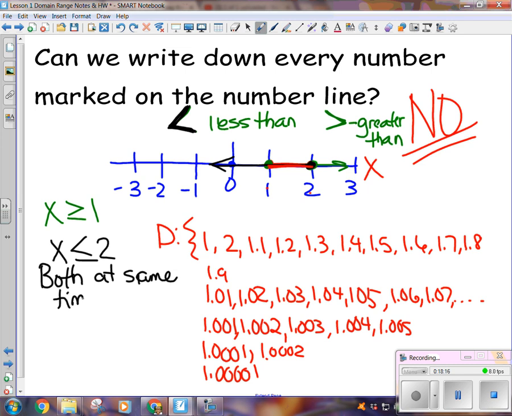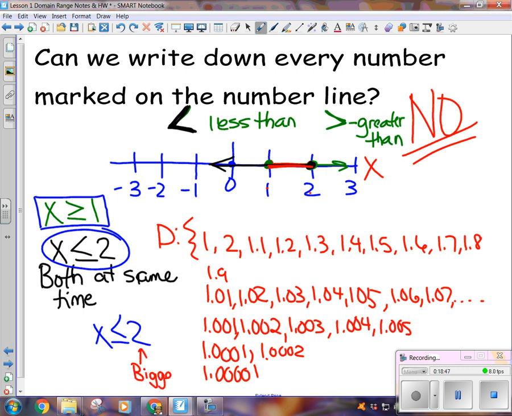So is there a way to write that? Yes, there is. Here's how you do it. If I were to start with this one, I'm going to say x, and I'm going to keep it pointing toward the 1. Oh, wrong way. All right. If I put my x in the middle, and I say less than or equal to 2, because that's what this one says. And it makes sense because this is my bigger number, so it's going to be on this side.